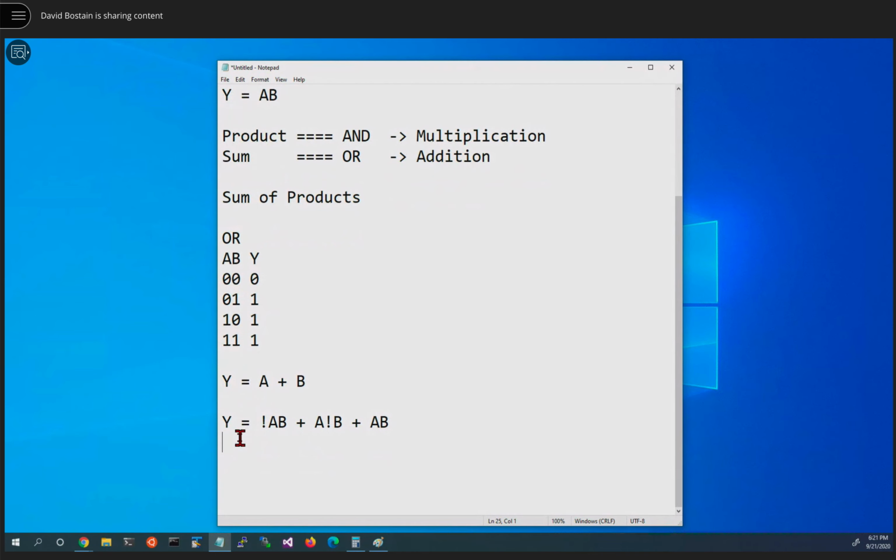Now you'll notice these two equations are both sums of products. The top one is called a minimum sum, and this guy is just called a sum of products.